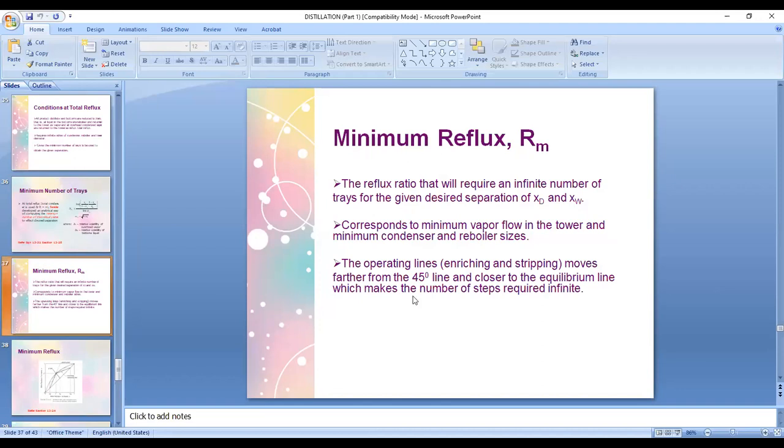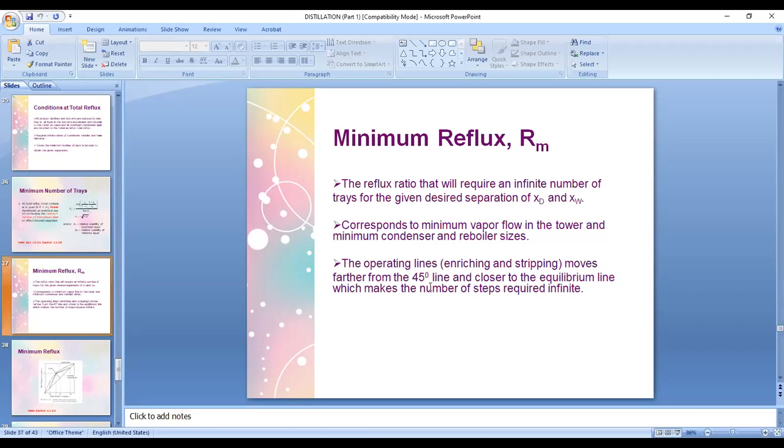That's your minimum reflux. R sub min corresponds to minimum vapor flow in the tower and minimum condenser and reboiler sizes. The operating lines, enriching and stripping lines, move farther from the 45-degree line. So that's the exact opposite of the total reflux.